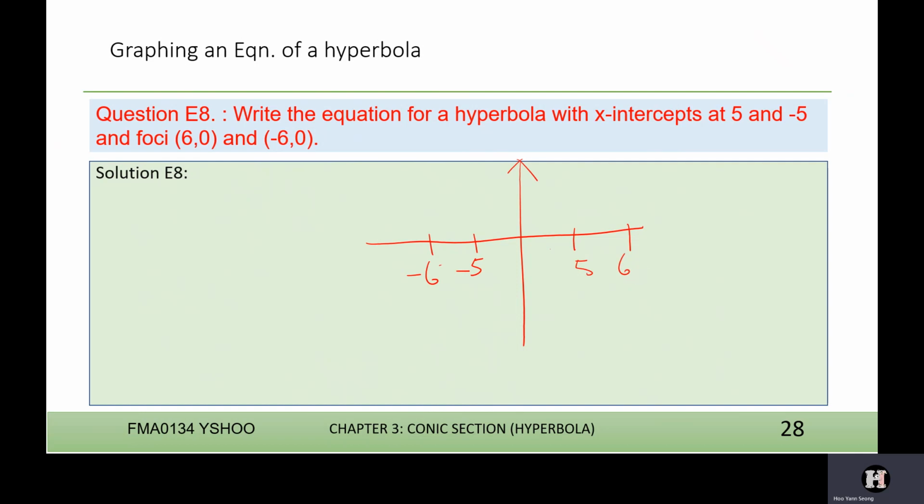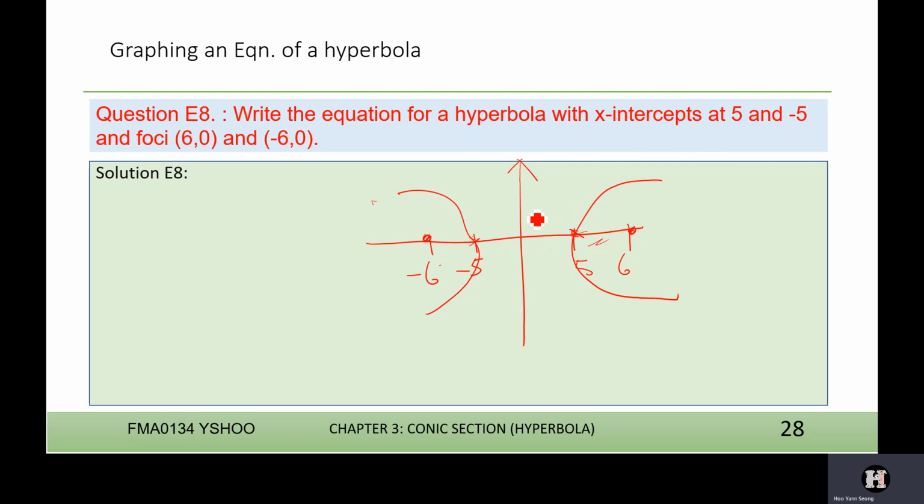So from here you can see that the 6 is actually the foci, and the hyperbola must pass through the x-intercepts. Okay, so indirectly you already know that it is 5, 0 and -5, 0. X-intercept means your intercept is at 5.